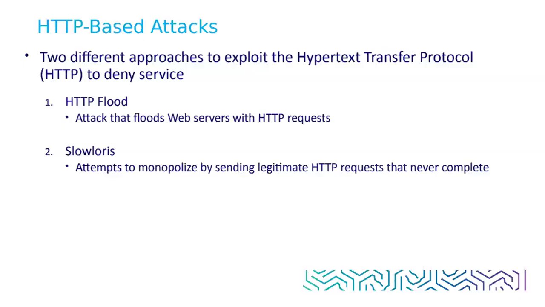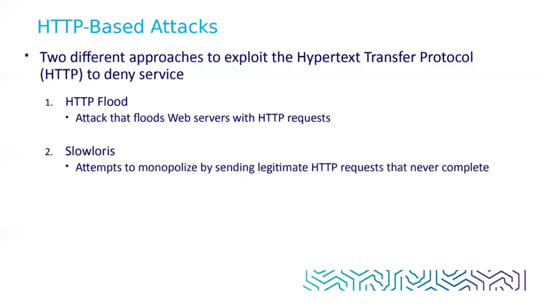Please remember, HTTP flood overloads a server with a massive number of valid HTTP requests, exhausting CPU, memory, and database resources. In contrast, Slowloris sends incomplete HTTP requests very slowly, keeping connections open and monopolizing the server's available connection slots without generating high traffic volumes.